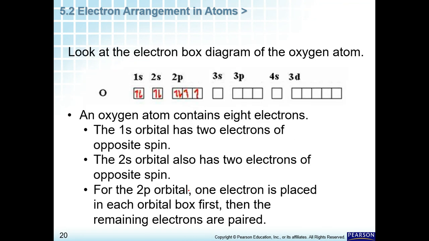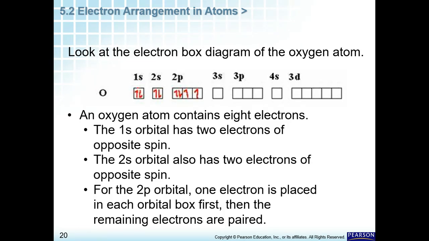So let's look at this with oxygen. Oxygen, it says, has 8 electrons, and I asked my class, why does oxygen have 8 electrons? And that's because its atomic number is 8 on the periodic table. It has 8 protons, and protons equal electrons for neutral atoms. So you're going to have 8 arrows.